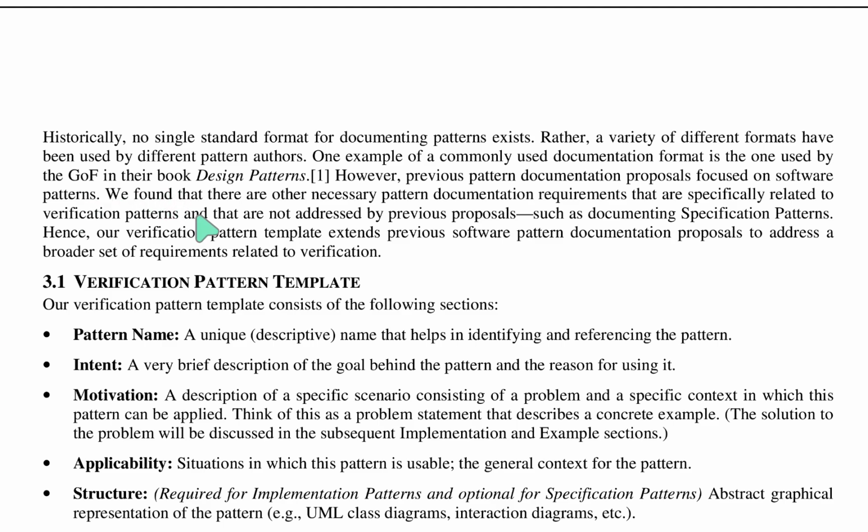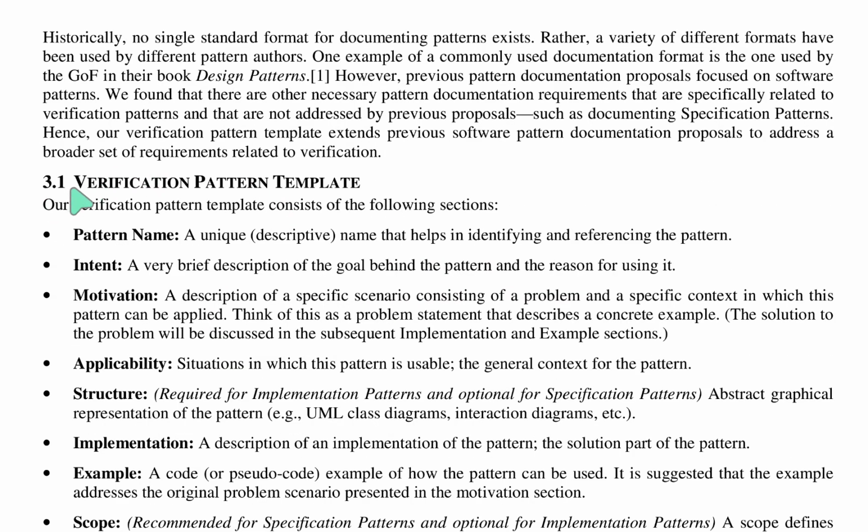We found that there are other necessary pattern documentation requirements that are specifically related to verification patterns and that are not addressed by previous proposals, such as documenting specification patterns. Hence, our verification pattern template extended previous software pattern documentation proposals to address a broader set of requirements related to verification.